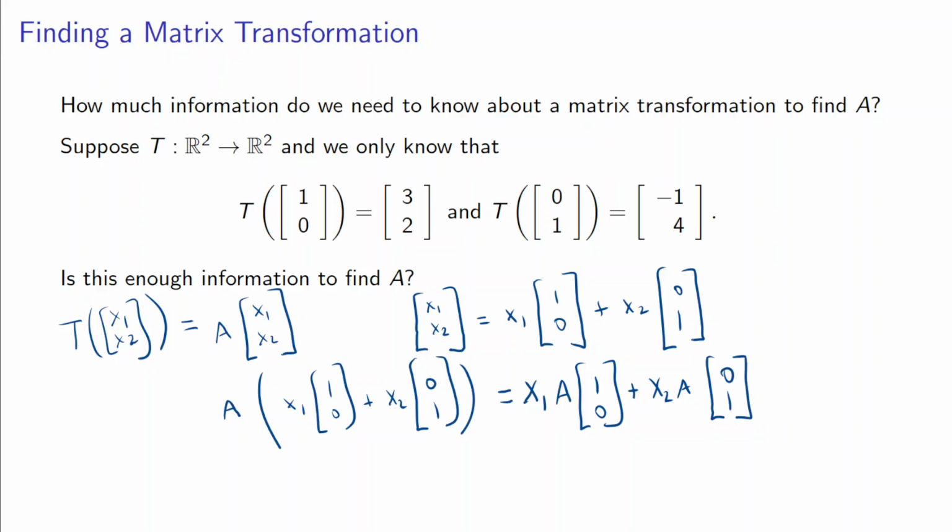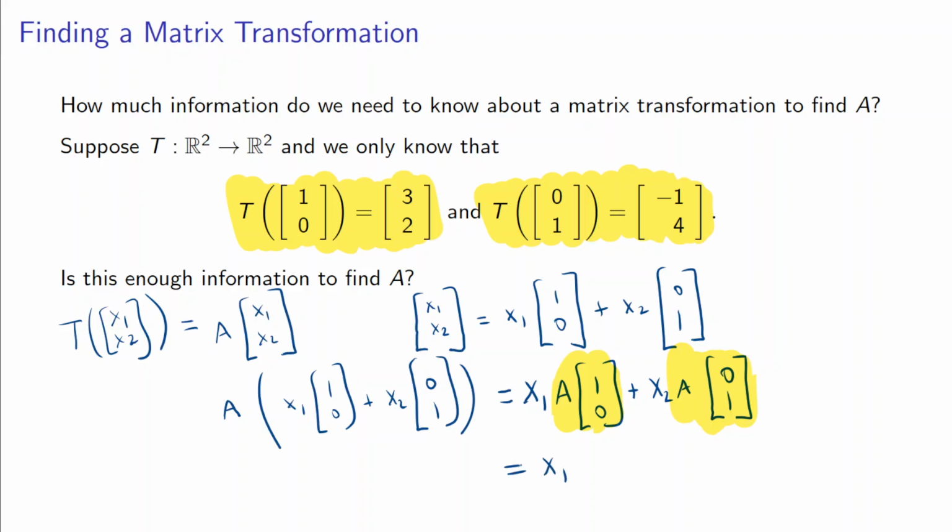But we know what A times (1, 0) and A times (0, 1) are, because that's essentially what our given information is. This A times (1, 0) is T of (1, 0), and this A times (0, 1) is T of (0, 1). So in this formula, we can replace each of those.